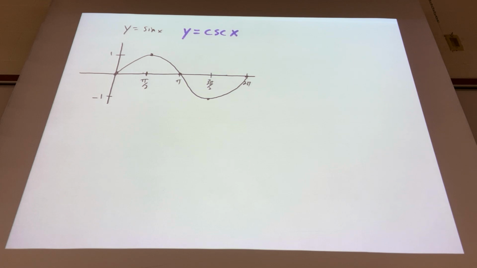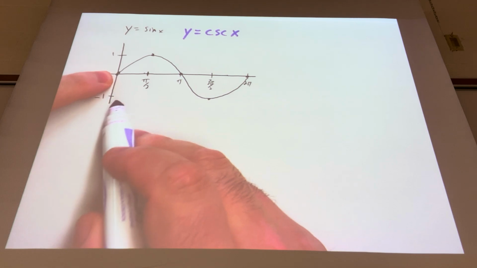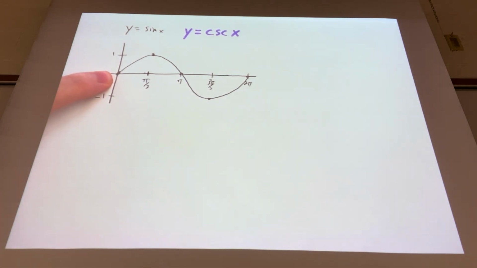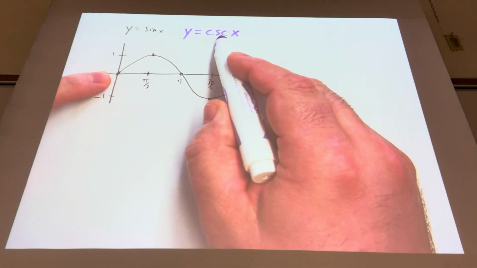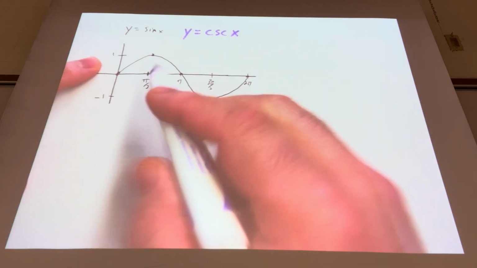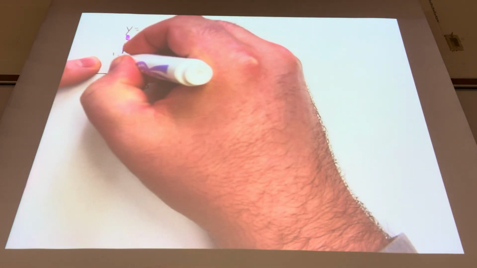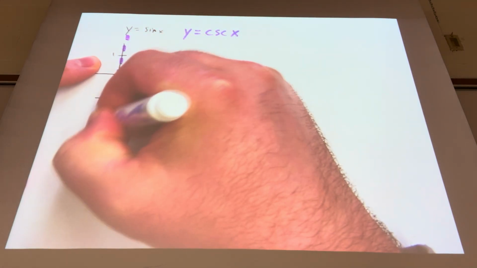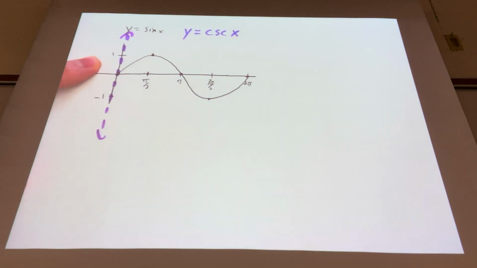So, when sine is 0, what is the reciprocal of 0? Undefined. So this means cosecant starts with an undefined graph.